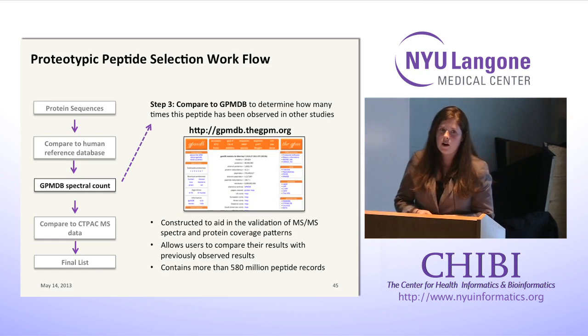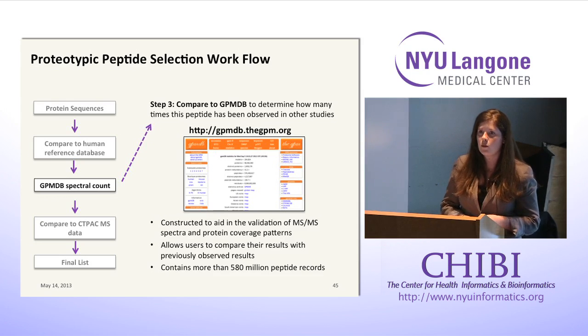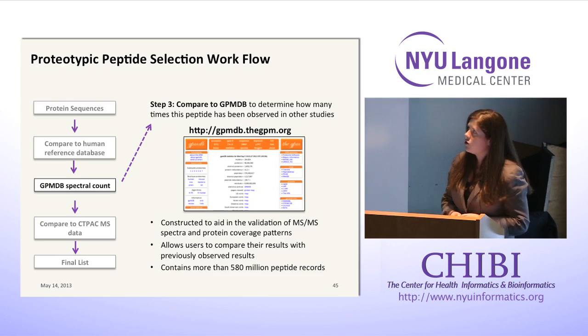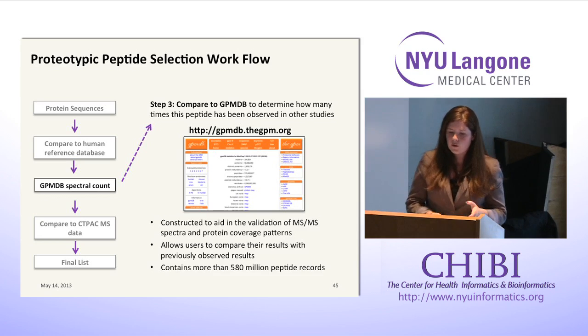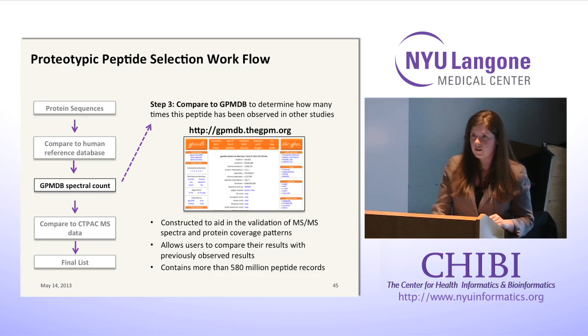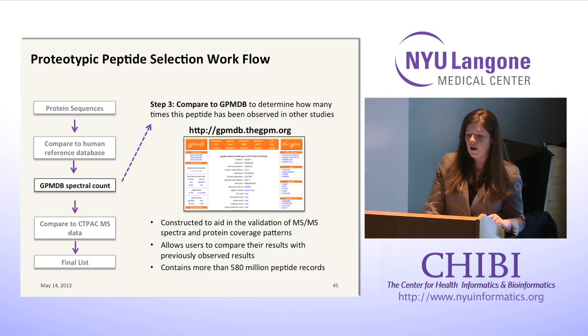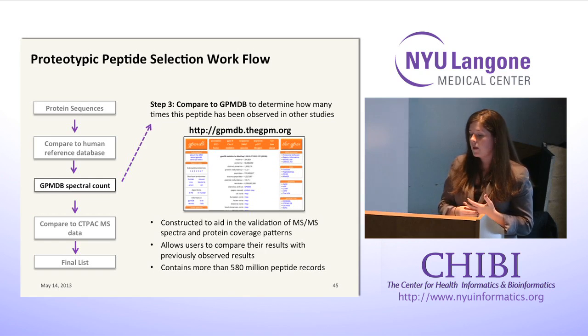We then compare our peptides to the global proteome machine database, which is a really useful tool. It was constructed to aid in the validation of tandem mass spec and protein coverage patterns. So it allows users to compare their results with other previously observed results, and it contains many, many peptide records.